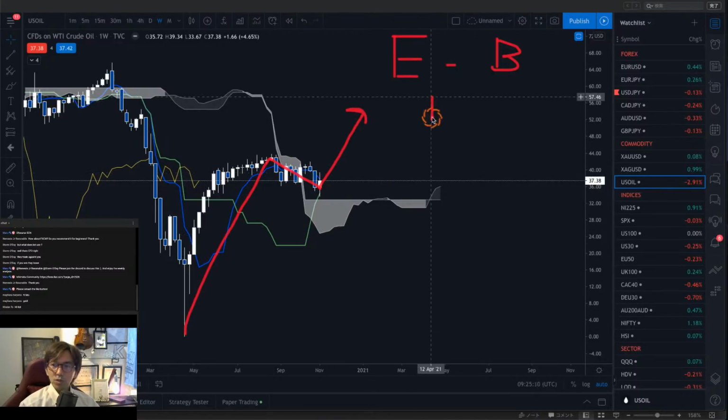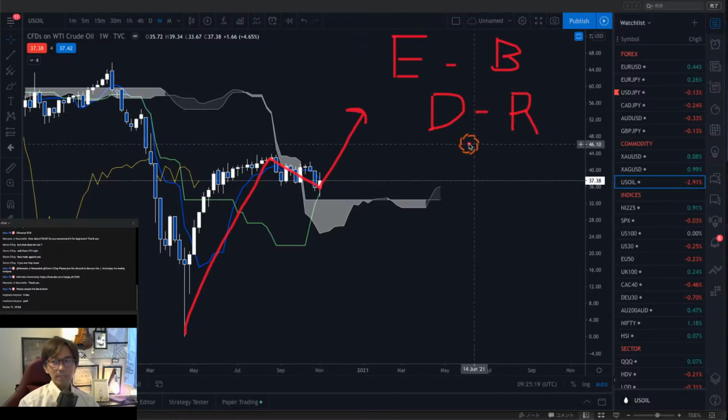But however, the direction wise, this is still flat, ranging, or retracing backwards. Well, actually, this is range because the Kumo is flat and the Chikou span is getting very close to the candles now. So if the Chikou span touches these candles, you don't really want to look for a buy chance anymore. Technically, right now, Chikou span is above the candles, so this is bullish in its equilibrium.